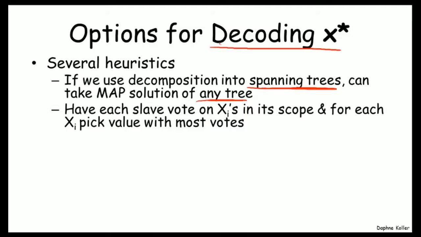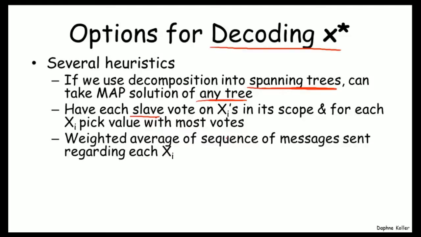A second approach that is not a winner takes all is to have each of our slaves vote on the xi's that are in its scope, and then for each xi you just do the majority voting. So that's another approach. A different approach uses some kind of weighted averaging of the sequence of messages that are sent regarding each xi through the course of the iterations of the algorithm.